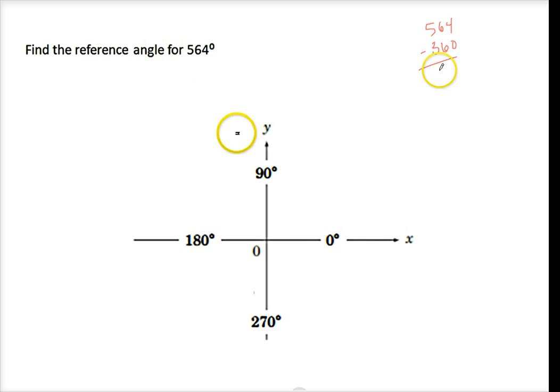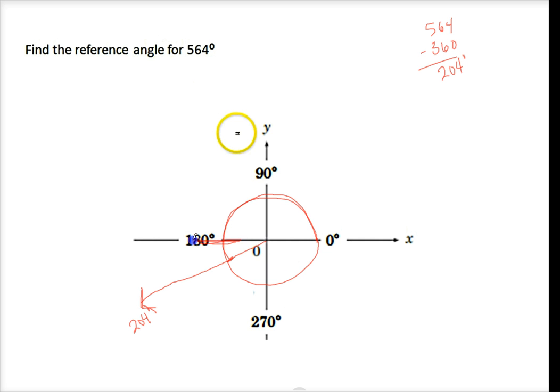It goes 204 degrees. So this angle starts at 0, goes all the way around once, that's 360, and then goes another 204 degrees, past 90, past 180, and it will end up here. 204 is more than 180, but not as much as 270. So we end up in this quadrant, and this is technically a 204-degree angle.